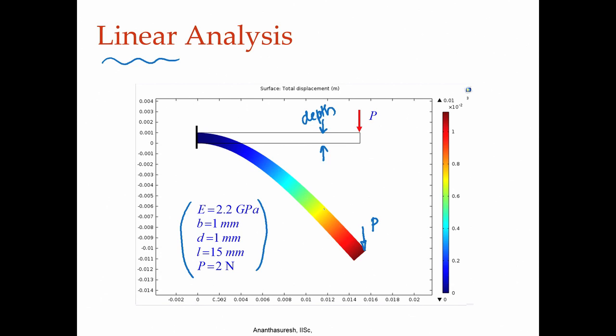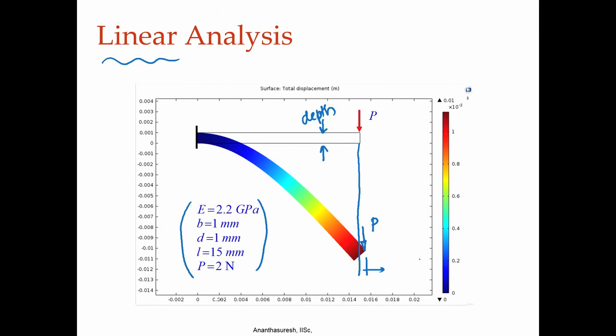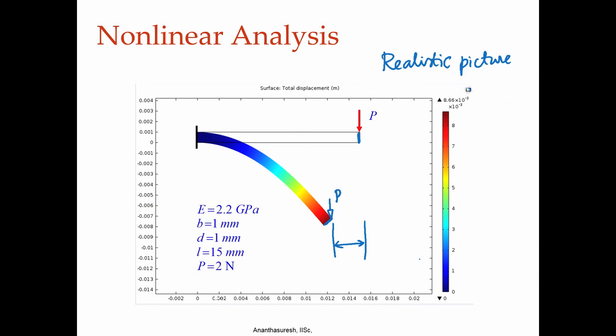But when you see that it is expanding and unrealistically elongated, compared to this, it seems to be moving in the wrong direction, whereas here you see it is moving towards the support. That is what you actually imagine when you hold a piece of wire or a strip of metal. When you apply the force, the free end comes towards the fixed end, which is the realistic picture that we get from the nonlinear analysis.